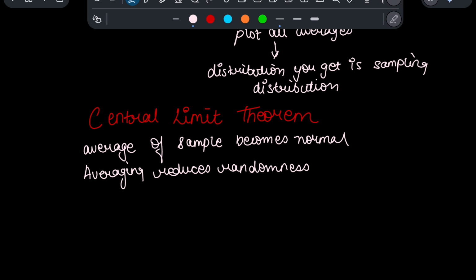So why do we use the central limit theorem, and why is it so important in data science?